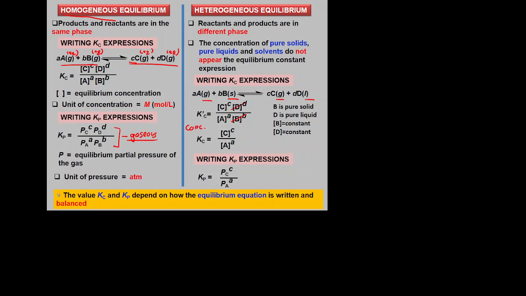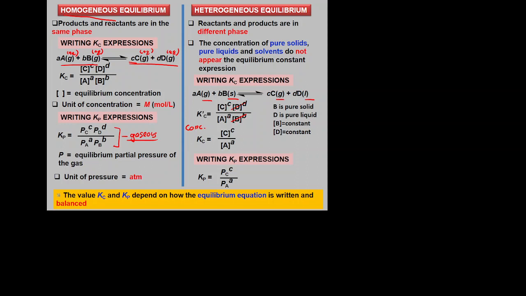So kita tulis macam biasa, doesn't matter, tulis je macam biasa. So concentration of C to the power of C squared darab dengan concentration of D to the power of D squared, and concentration of A to the power of A, concentration B to the power of B.